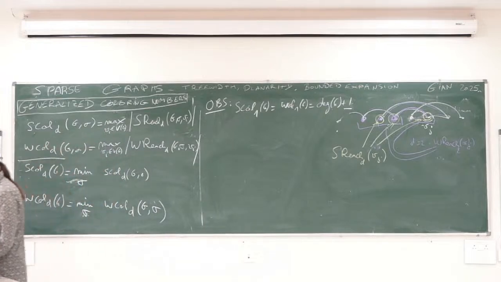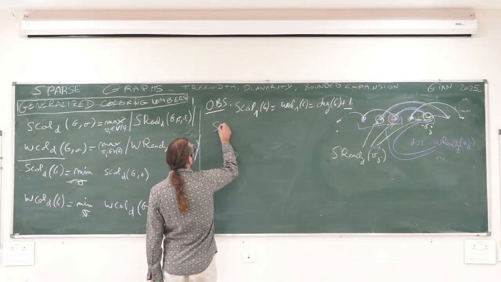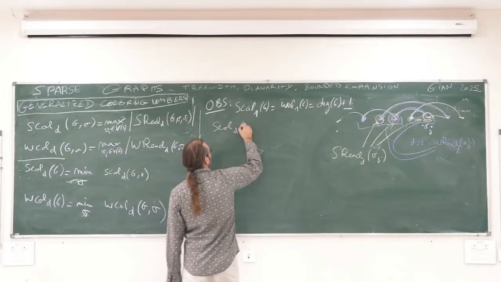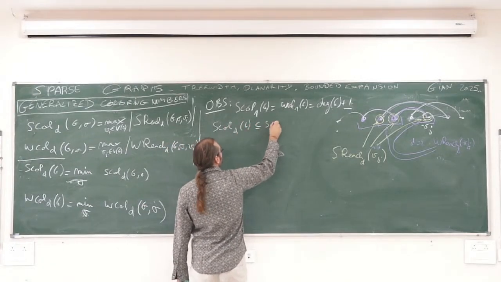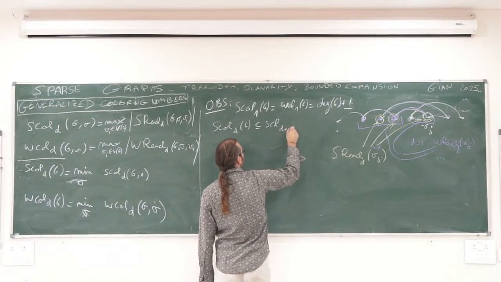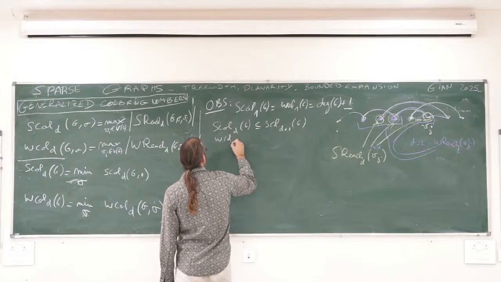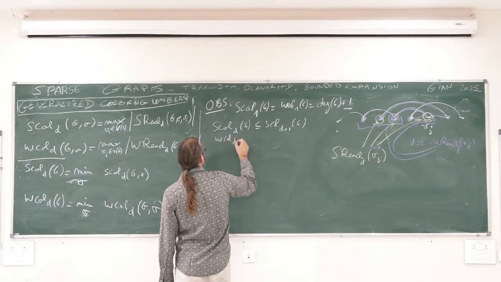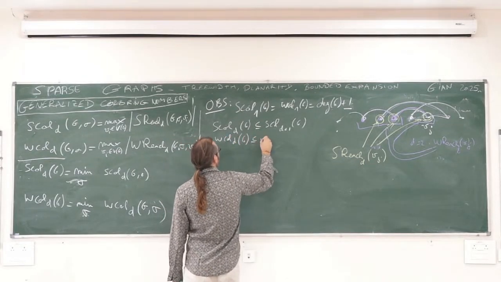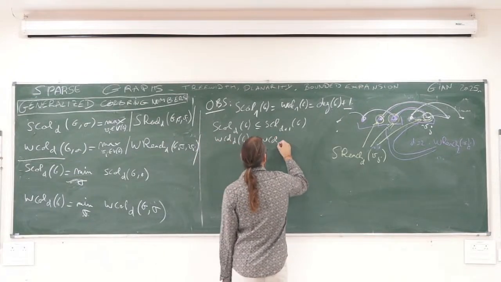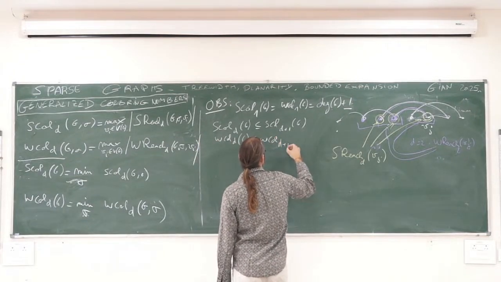That's why this is a generalization of the coloring number. It's not too difficult to see that these things are monotone, because if you're reachable with a path of length d, you're also reachable with length at most d plus 1.